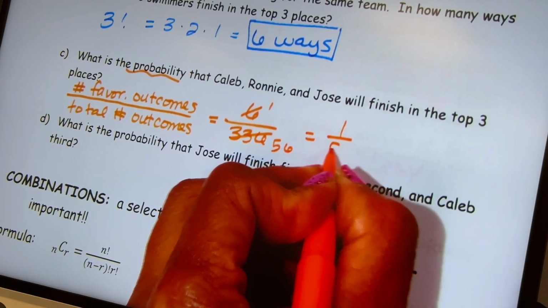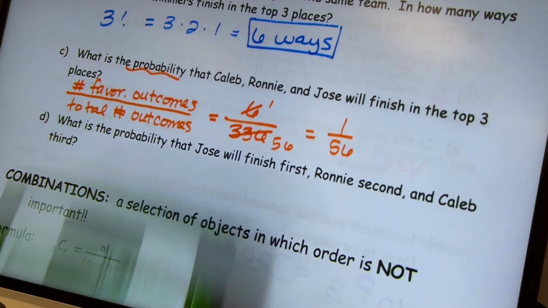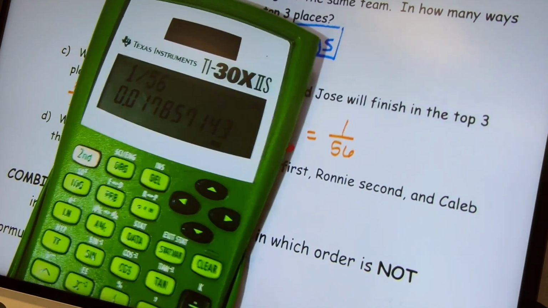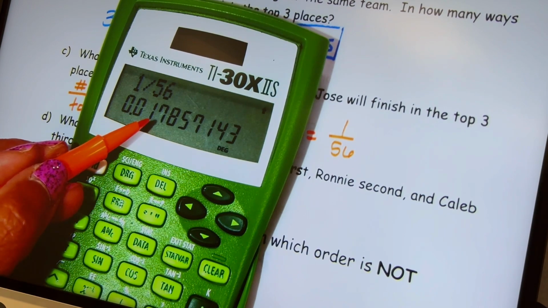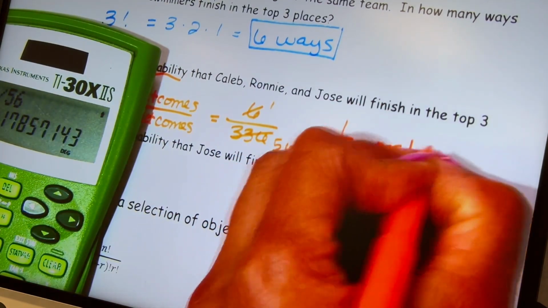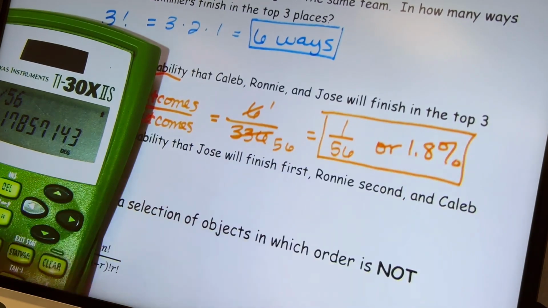Because anytime you have a fraction, you got to reduce it. So it's 1 out of 56 chance. Although most of the time when we're doing a probability, we look at the decimal or the percent. So if I move this decimal over twice, that is a 1.8%. So is this likely to happen? No, it's not.